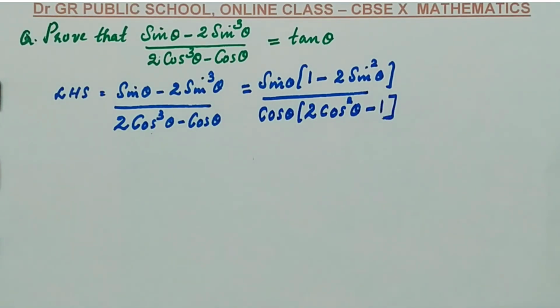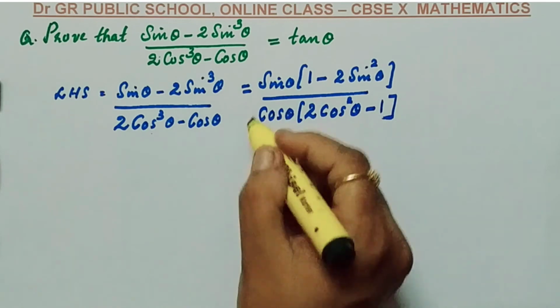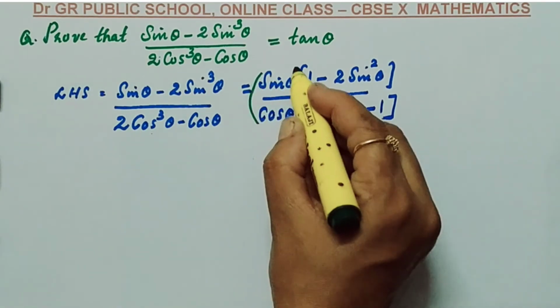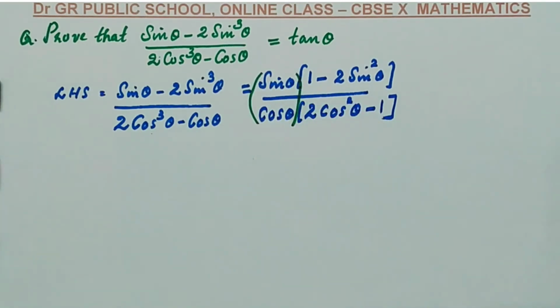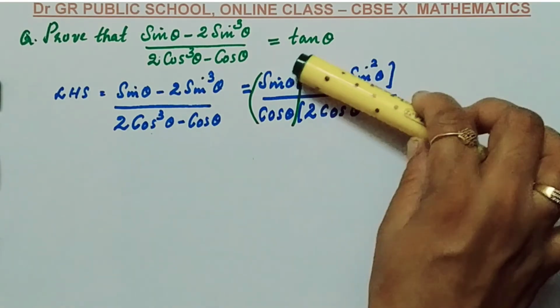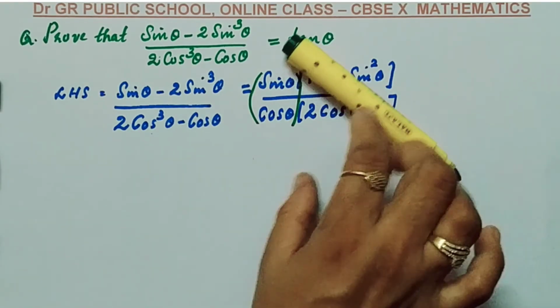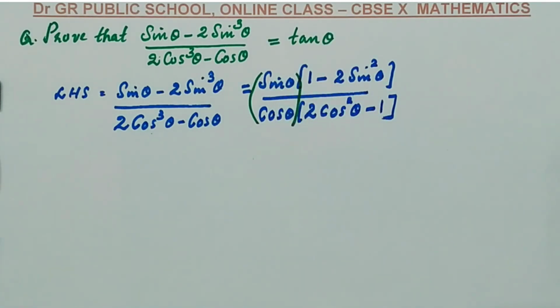Look at the RHS. The RHS is tan theta. Actually, you get the answer tan theta now itself if you think that sin theta by cos theta equal to tan theta. But the problem is that if these two brackets get cancelled, you reach the answer as sin theta by cos theta, which is tan theta. How can we cancel these two brackets?